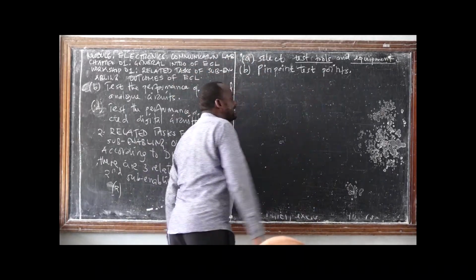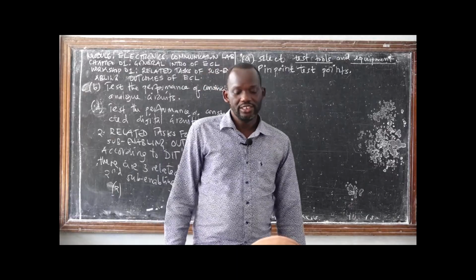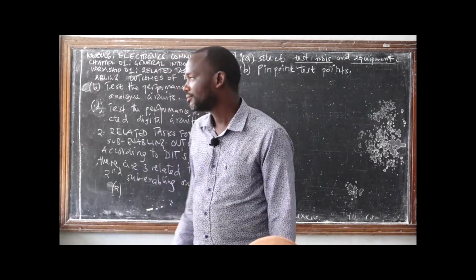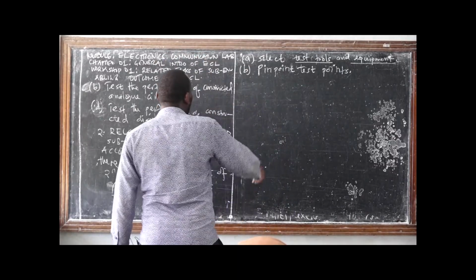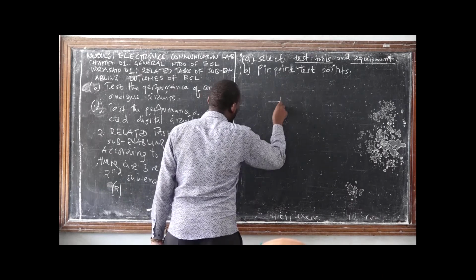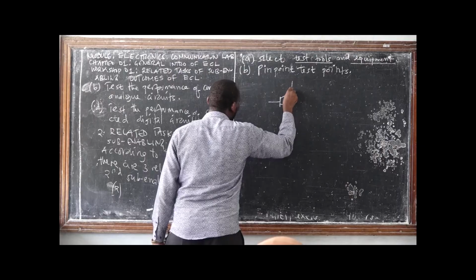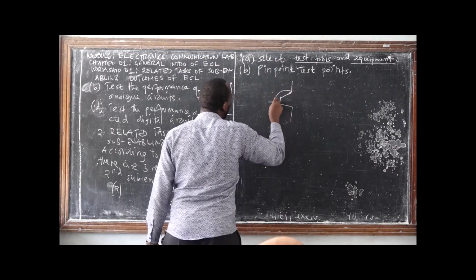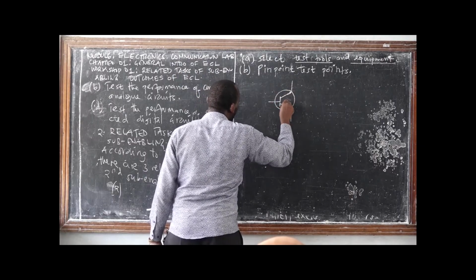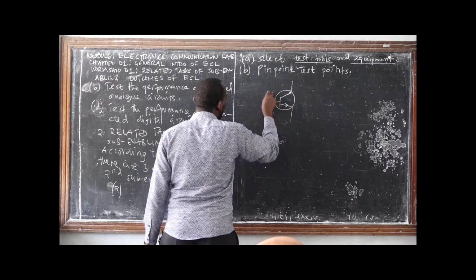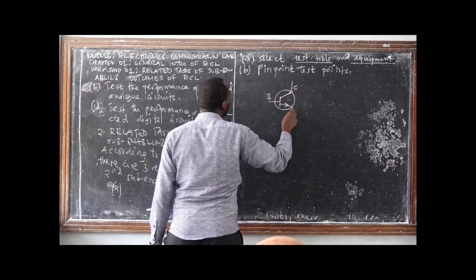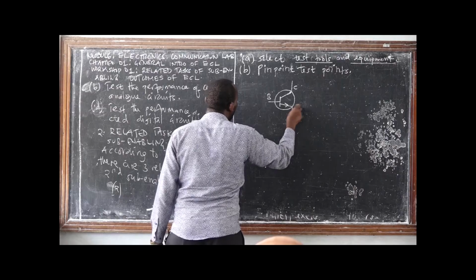Okay, class, say test sequence. For instance, you have your bipolar junction transistor, which you are using to construct your amplifier. This is base, this is collector, this is emitter.